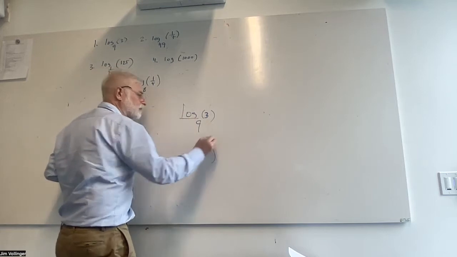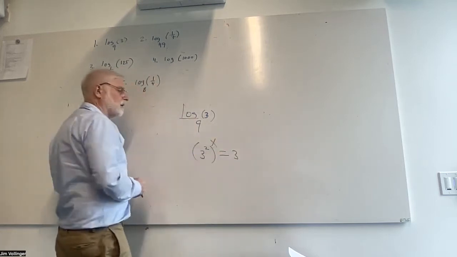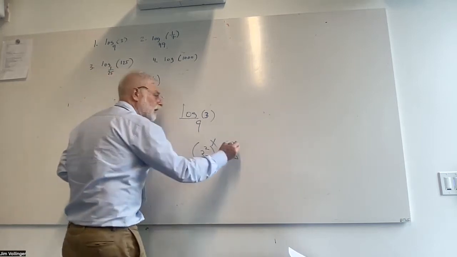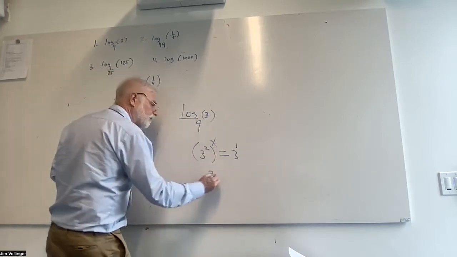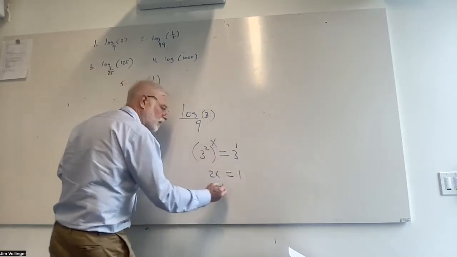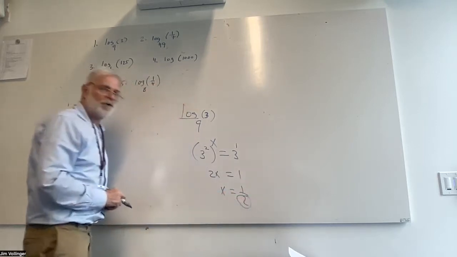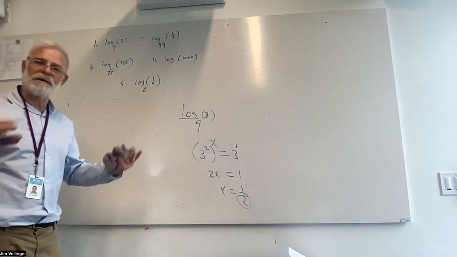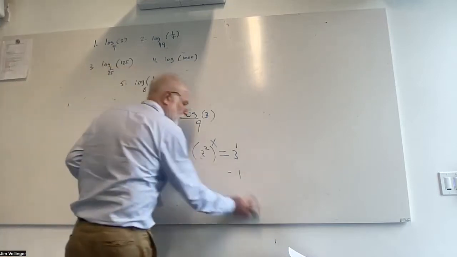The word log means I'm trying to find the exponent that produces the quantity in the parentheses, and I don't see an exponent. I have to understand that it's a 1. The rules of exponents come into play. 2x equals 1, and x equals 1/2. And we've been talking in class about that too, meaning perform the operation of rooting, and in this case, it's a 2, so it's a square root. All right, so that's that one.